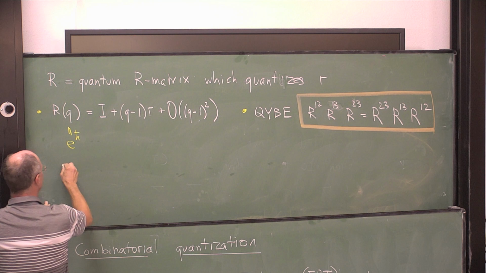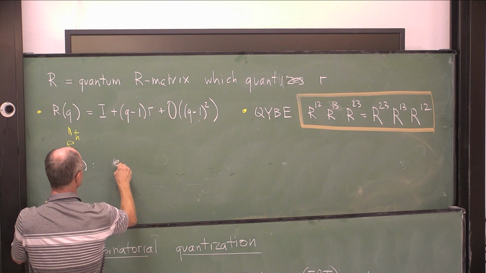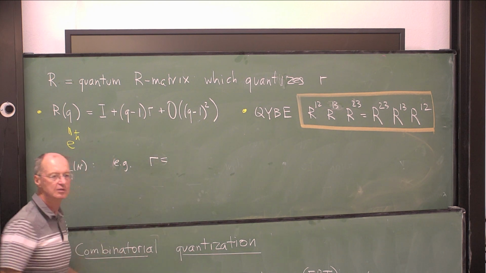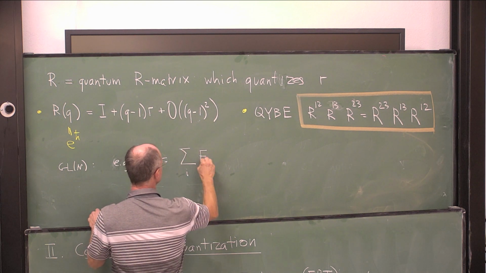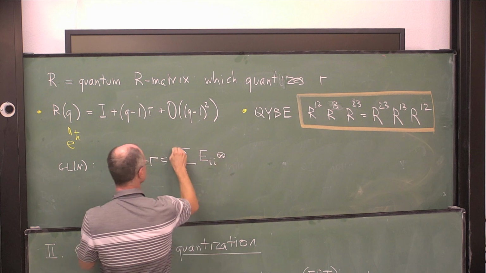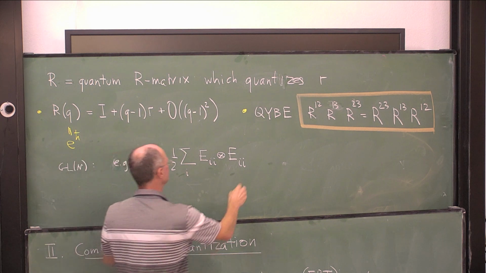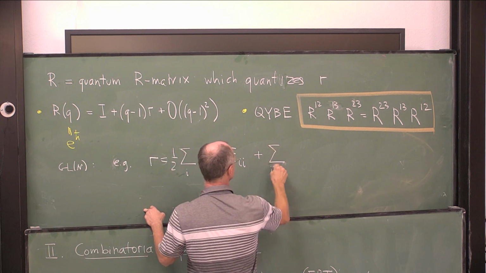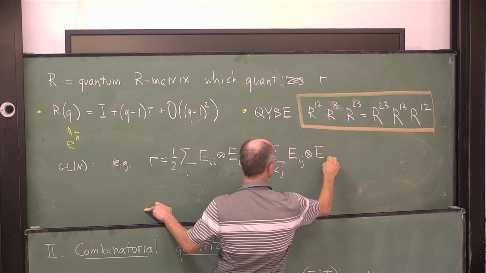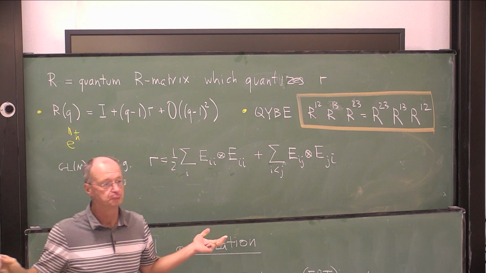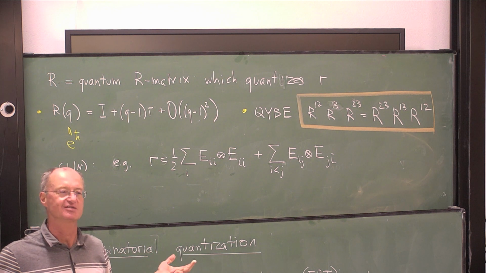So maybe for GL_N, an example of small r to start with. No, not the quadratic Casimir.